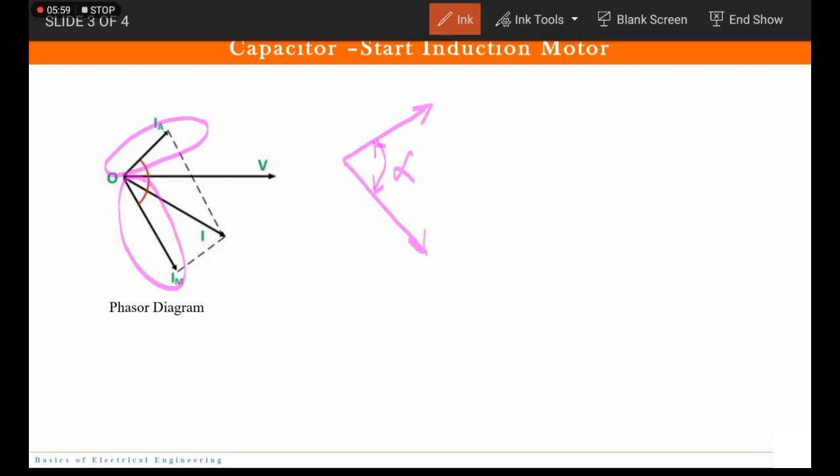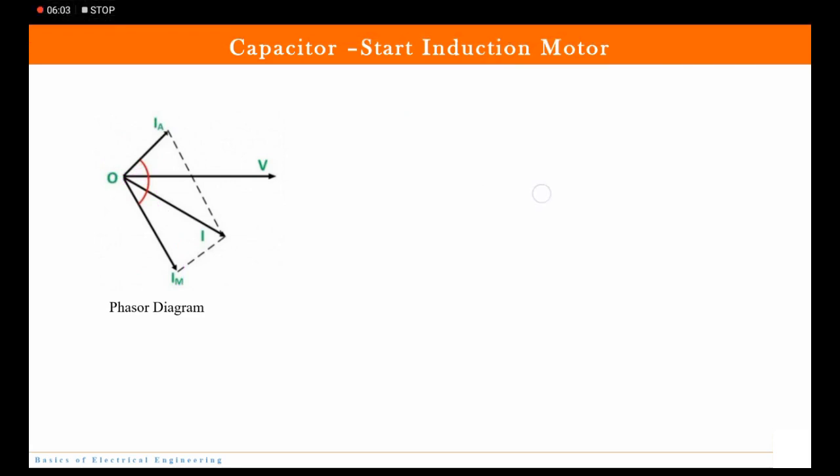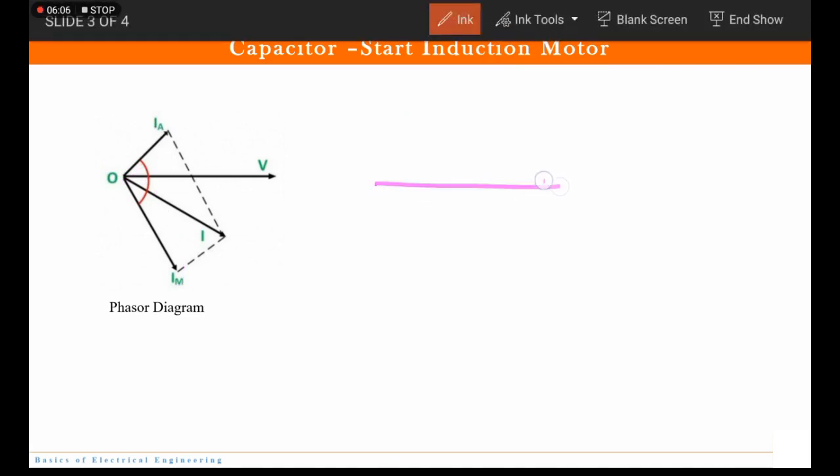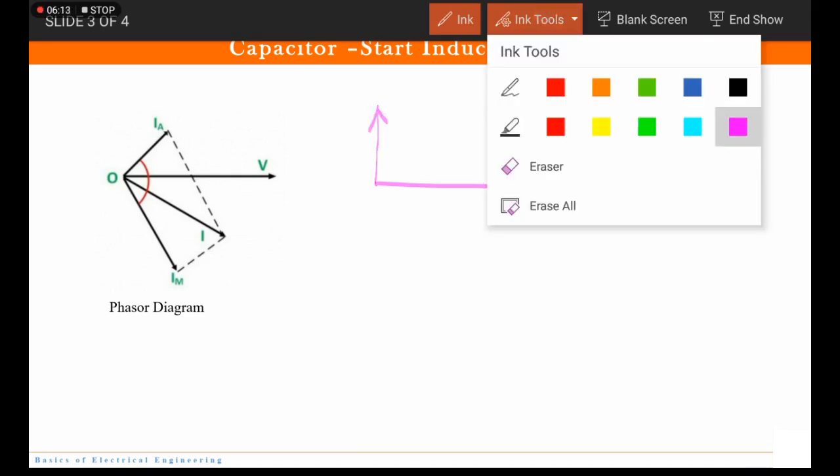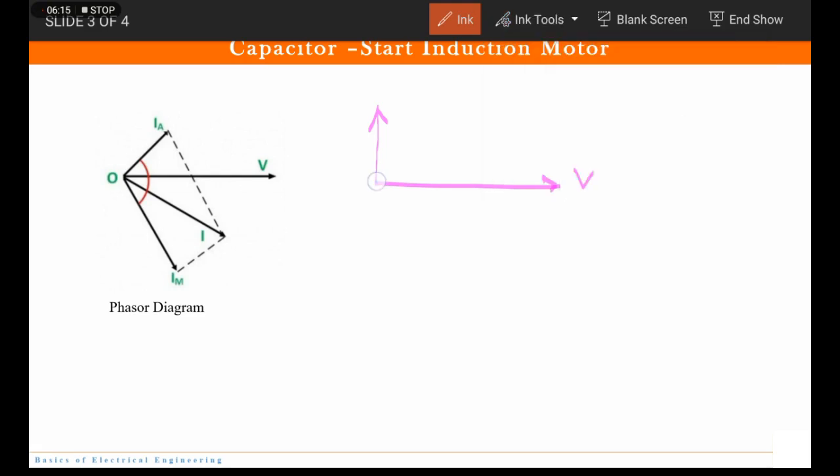So, see, I shall draw it again. So this is the voltage. Ideally it is actually here, right? But practically it will have a smaller phase lead. So if this is auxiliary winding current, here is my main winding current. So this is the value of alpha.